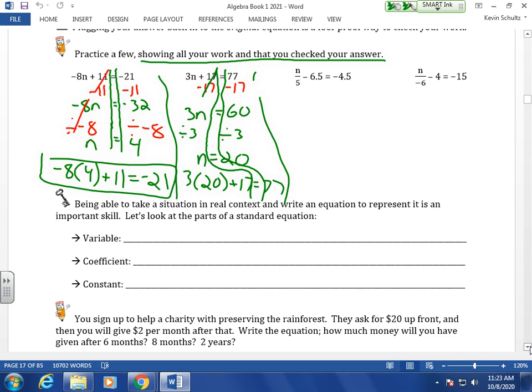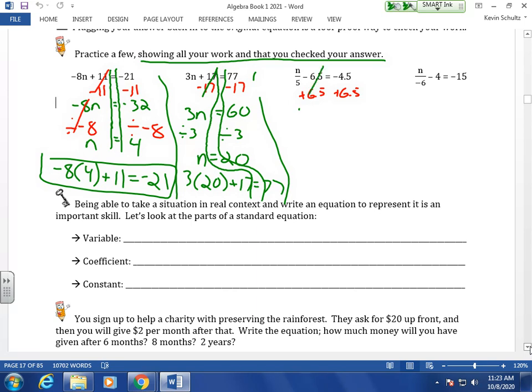The next one, n divided by 5 minus 6.5 equals negative 4.5. First step? I would add 6.5. The opposite of subtracting 6.5 is adding positive 6.5.